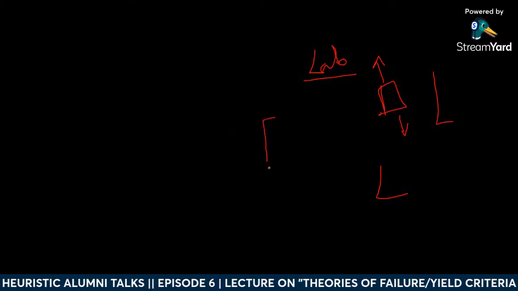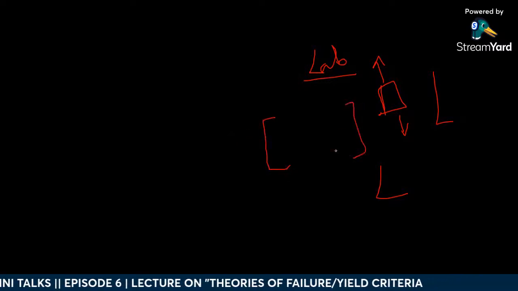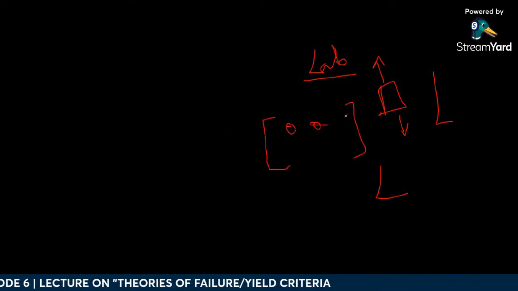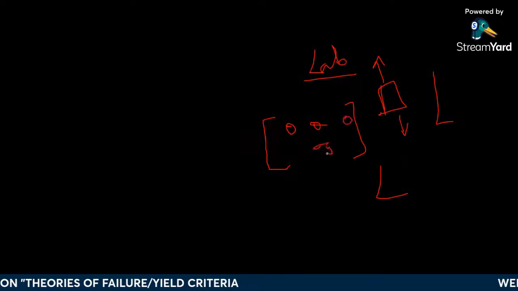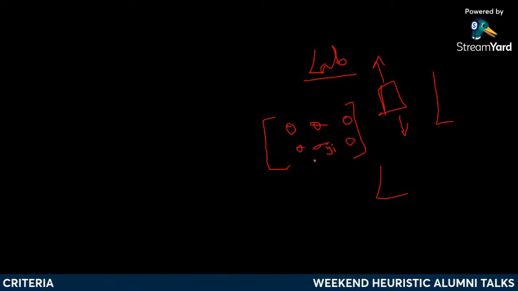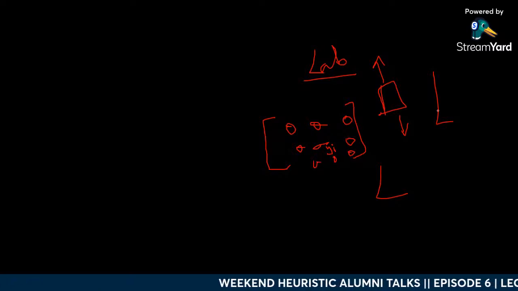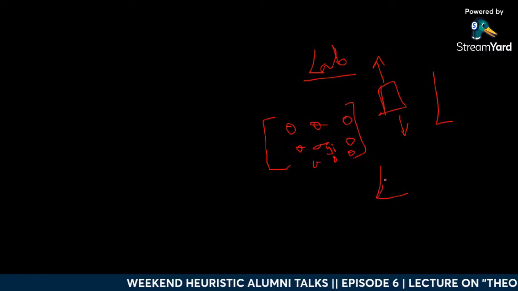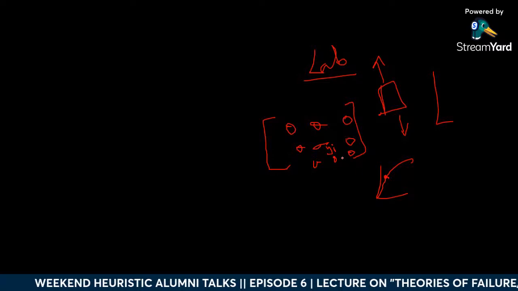What will be the stress matrix at the failure point? Everything will be 0 except sigma yield. This is the stress situation at the failure point.